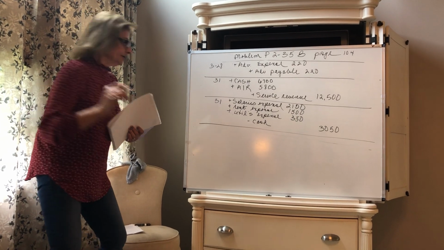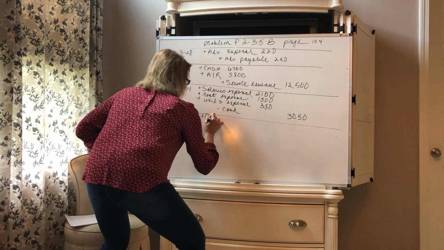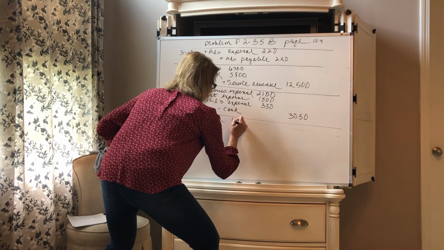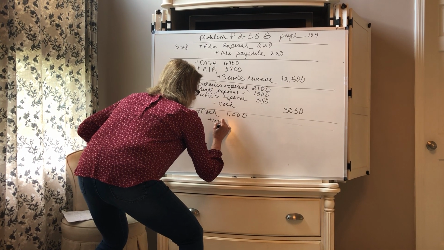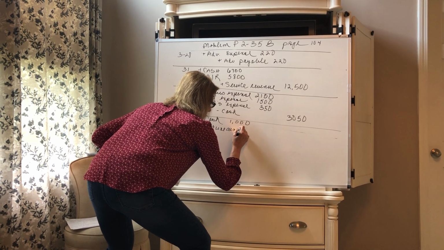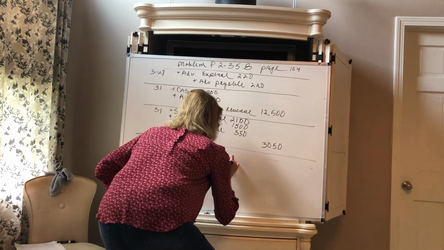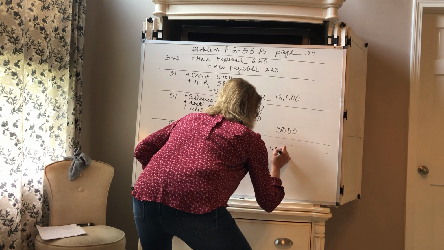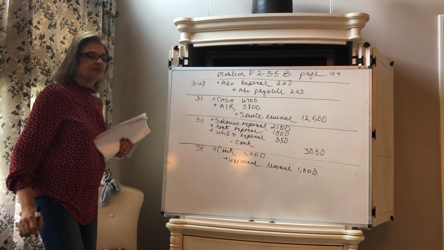So we did get money. So cash is affected as a positive for $1,000. Our liability is unearned. Let's see if I can write this legibly. Not so good, huh? Unearned revenue. You'll see this a lot in many problems.